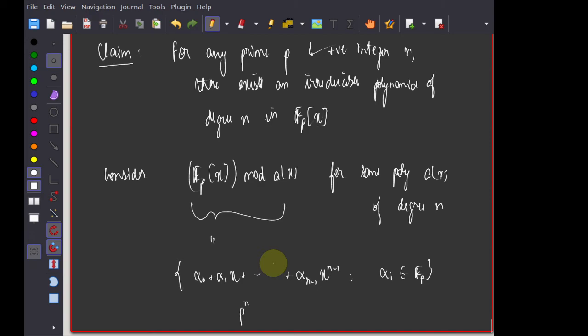So basically, it is not possible to construct a finite field of any other size. So if F is a finite field, then the size of F is equal to p to the power n for some prime p and some positive integer n. So for example, it's not possible to construct a finite field of size 10 because 10 is not a power of a prime.